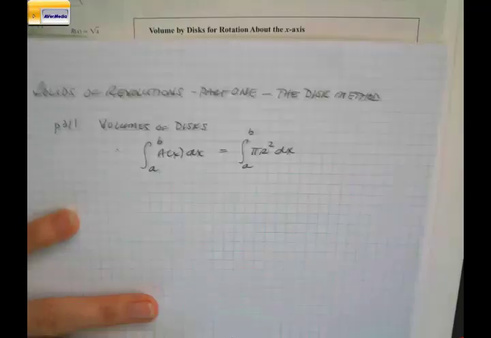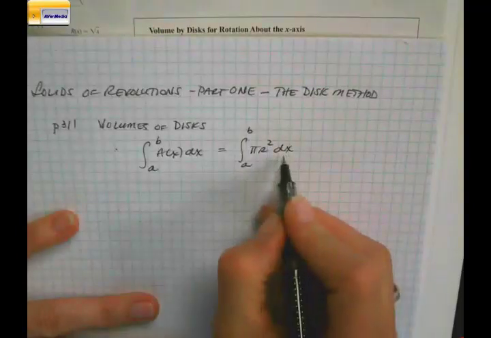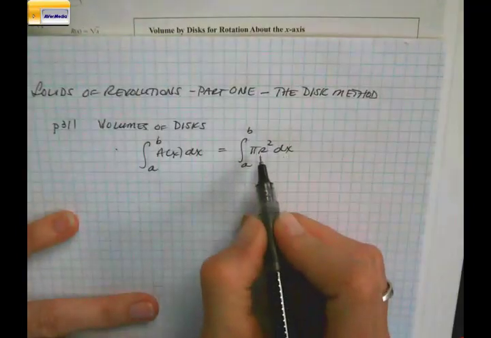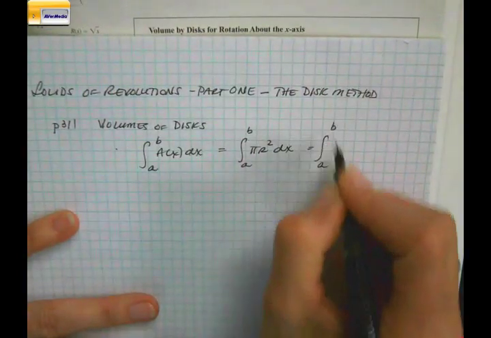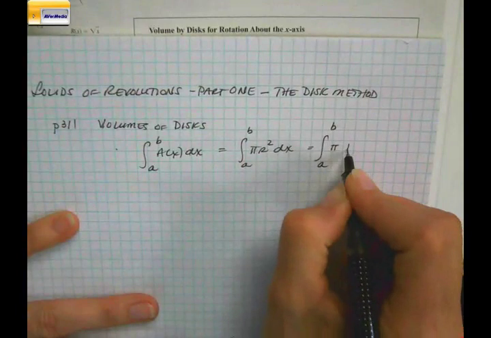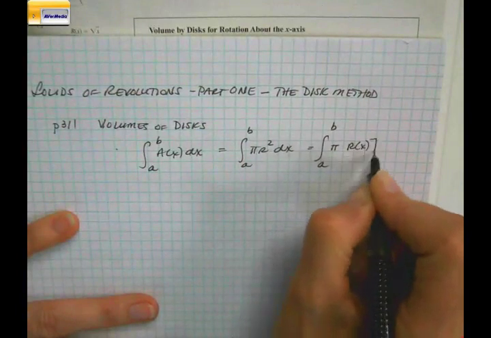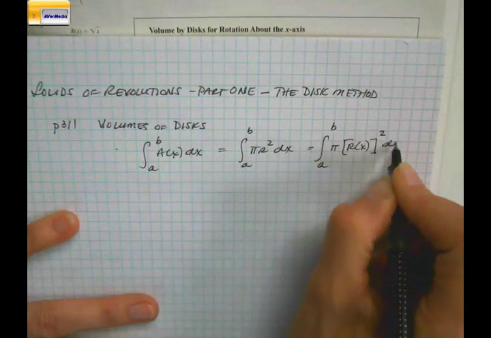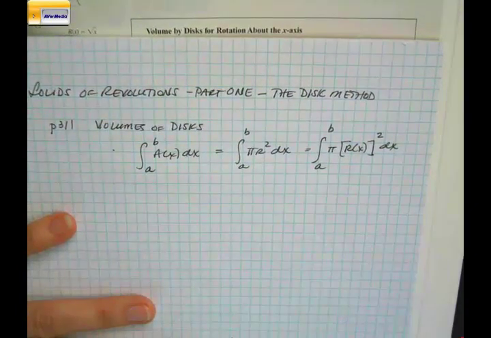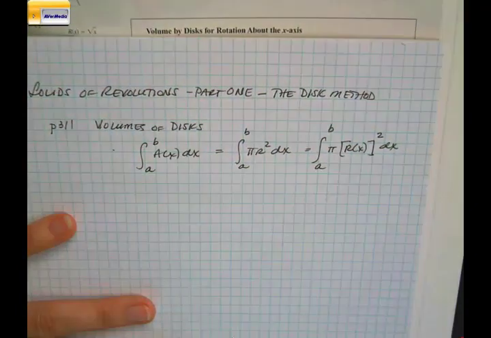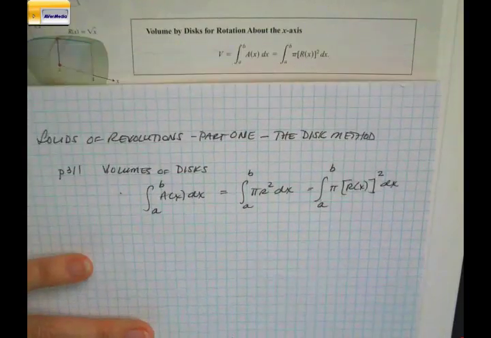But your radius, because you're integrating with respect to dx, your radius needs to be using the variable x, and so they redefine this one more time by calling this r of x instead of just r, because it has to be in terms of the x variable. Okay, so you're going to always write your radius as a function of x when you're integrating with respect to dx to find your final volume.